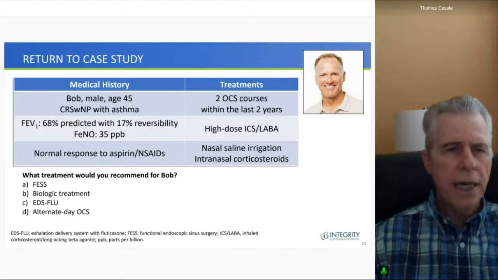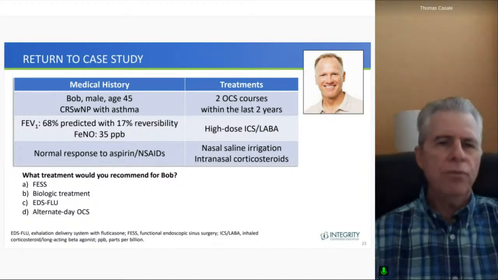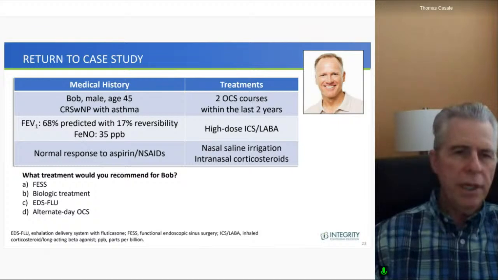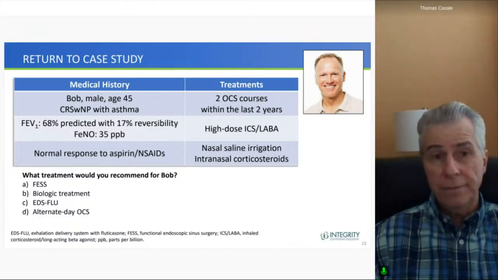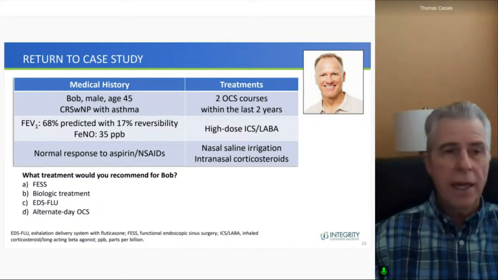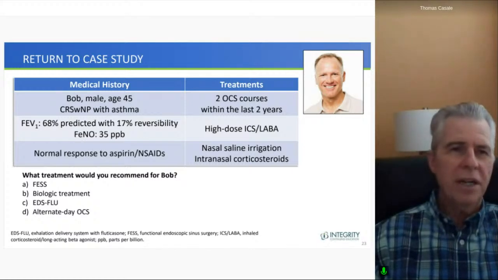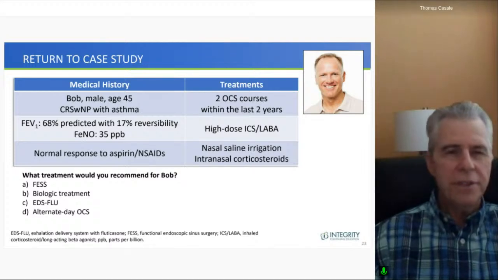So looking at this, the question you would ask, what would you do next? Okay, first thing you always ask, well, gee, is Bob taking his meds? How do you assess that? Well, besides actually getting the pharmacy records, we do look at FeNO.